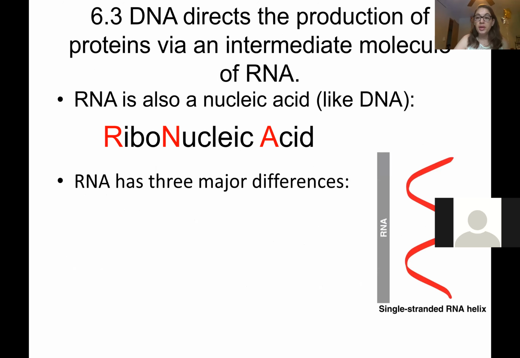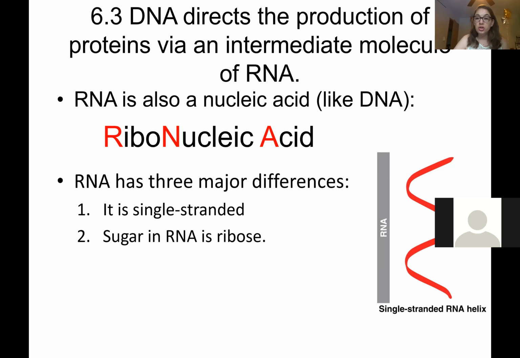There are three major differences in RNA versus DNA. RNA is one single strand instead of a double strand like DNA. The sugar in ribonucleic acid is ribose instead of deoxyribose, which is in DNA.